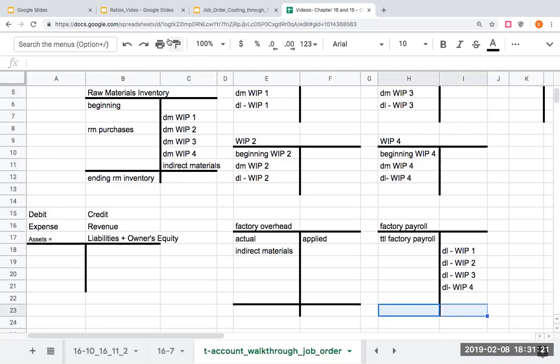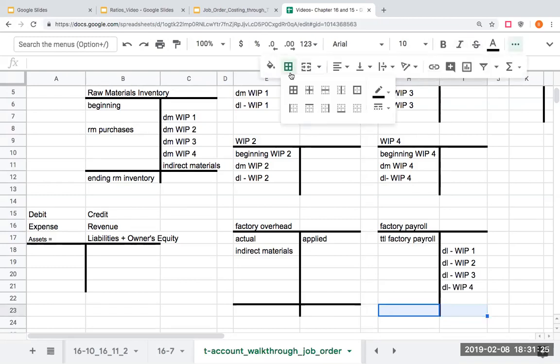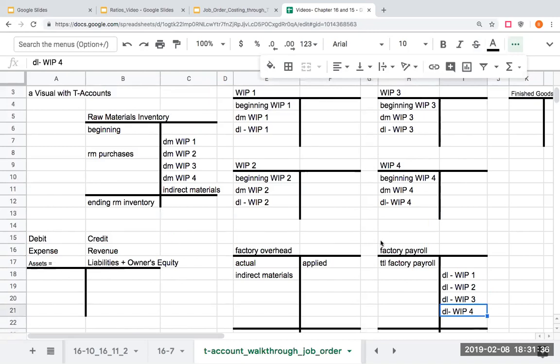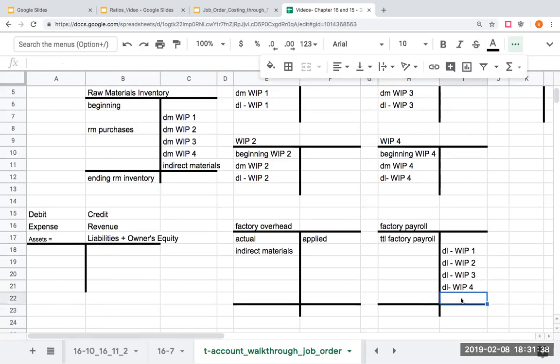Now, typically what I would have here is, as I'm looking at this, I'd say, okay, I've got my factory payroll, and then I've got my direct labor that went to each one of these jobs. But similar to raw materials inventory, what I can also have is indirect labor. What is indirect labor? It could be a factory supervisor who's supervising all the different jobs.